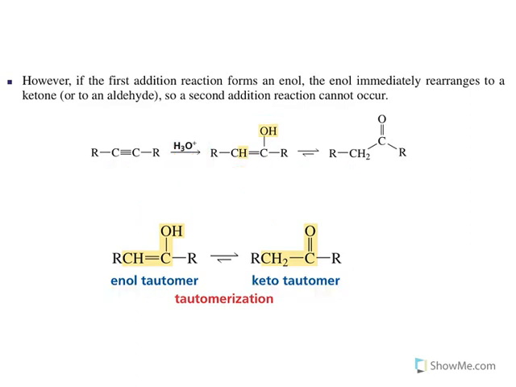See again, understand this one. The reaction product of electrophilic addition is this one, but it is converted to ketone because of the thermodynamic stability. So this is called tautomerization, right? So this is a second addition reaction. Because of stability, it forms a ketone.